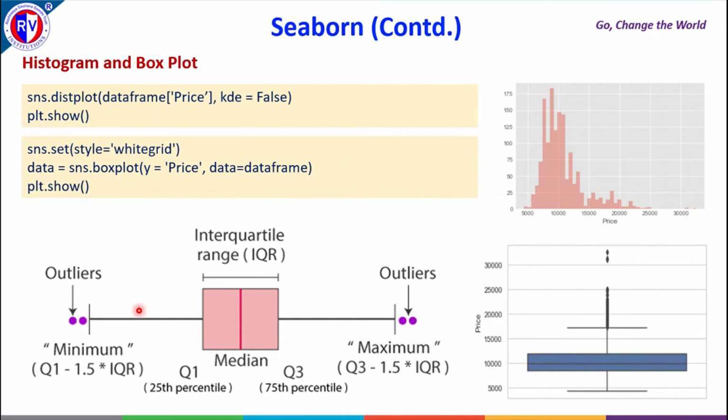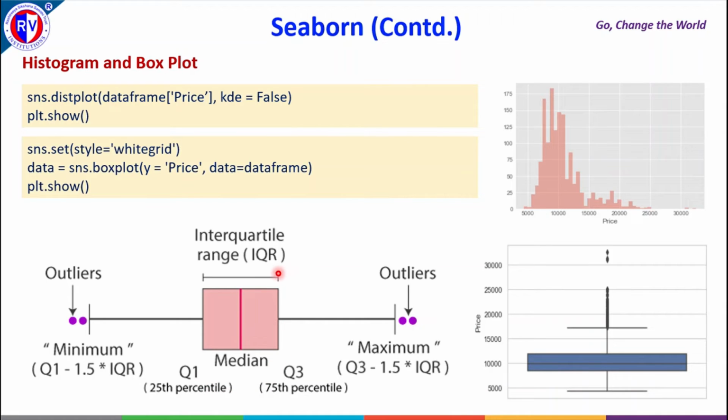We call this horizontal line the whiskers. Then we have the rectangle. Within this rectangle we have a thick pink line which specifies the median, and this vertical line specifies the 25th percentile of the data, which is also called quartile 1.